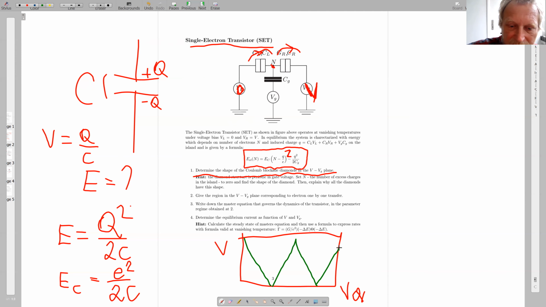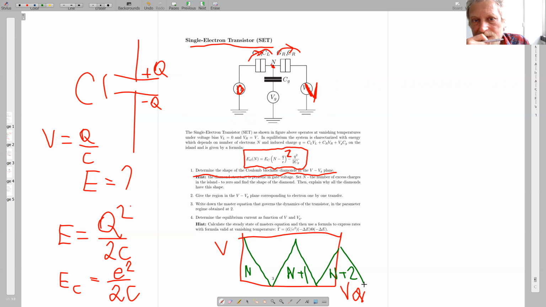And here we have a certain number of charges. So how to do this point?